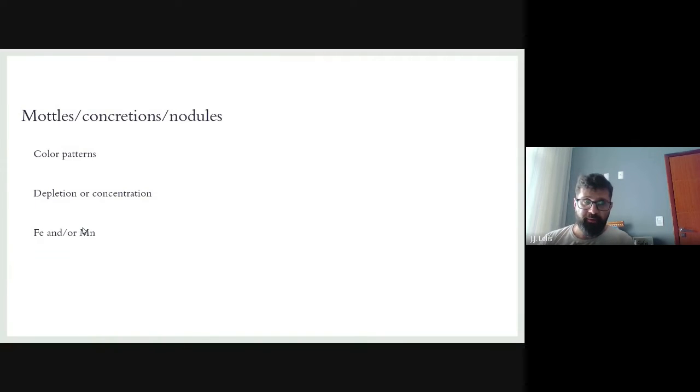Let's talk about the formation of mottles, concretions, and nodules, just to highlight how the concentration of iron or manganese helps us a lot to understand how these materials express the formation of these horizons and layers.